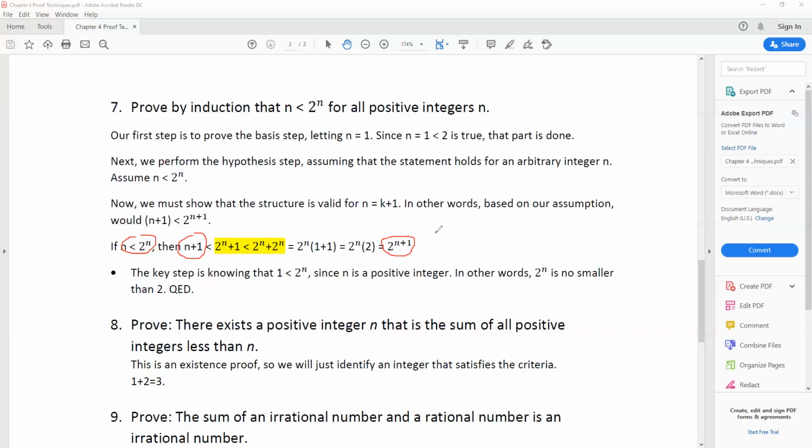If you review or study induction proofs, a lot of authors or professors, teachers will say that it's a lot like a domino effect. If you know that the first domino has fallen, and you know that the last domino has fallen, then you know that every domino in between has fallen.